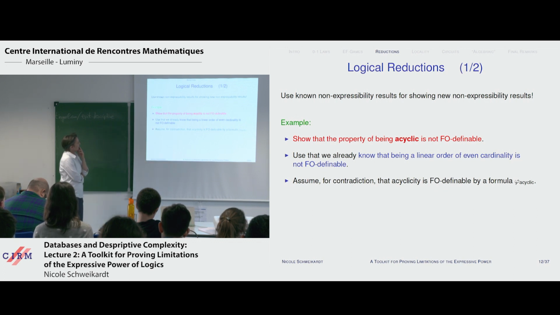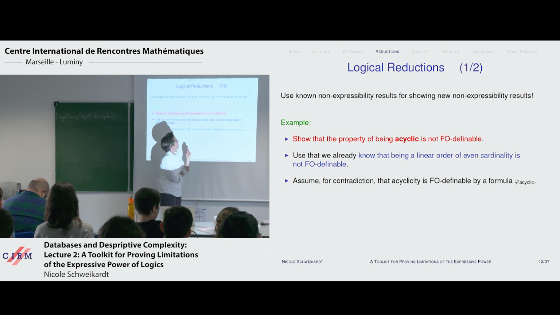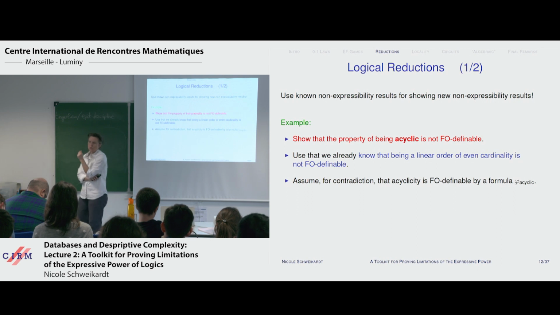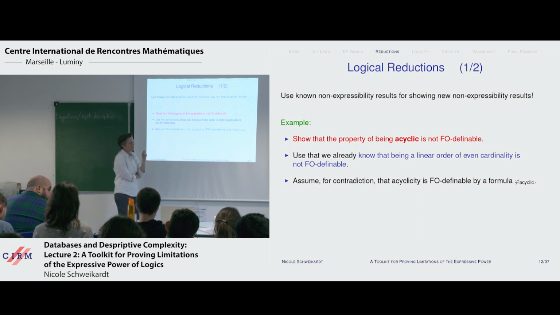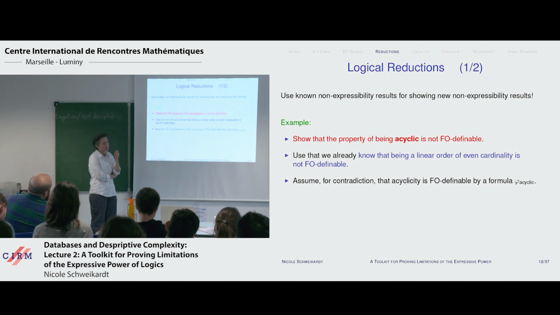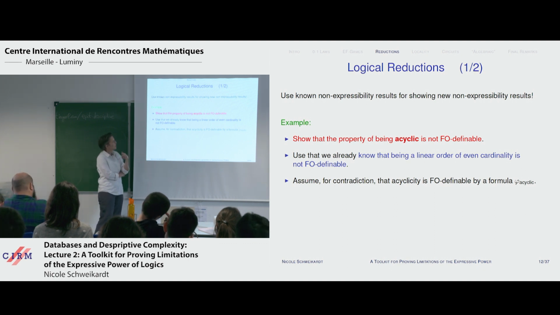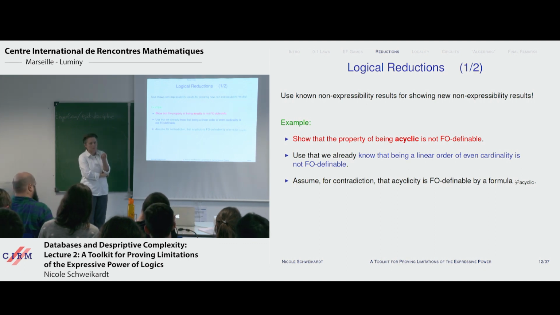I want to associate with a linear order a graph such that this graph can be defined in first order logic from the linear order, and such that this graph contains a cycle if and only if the linear order has the right length.